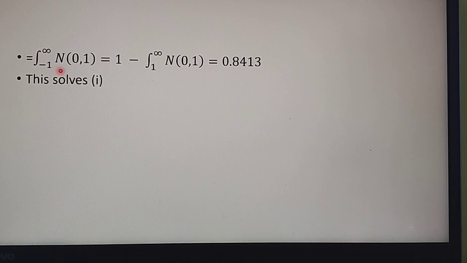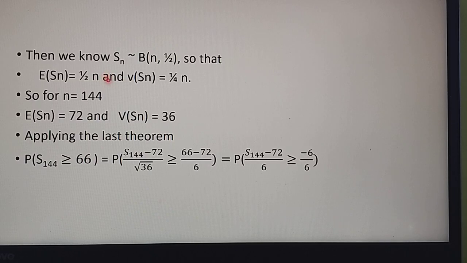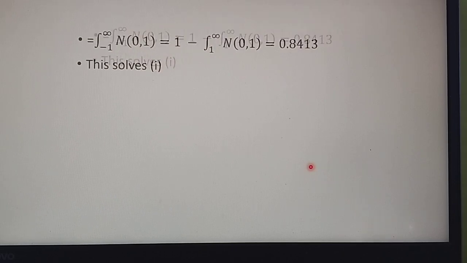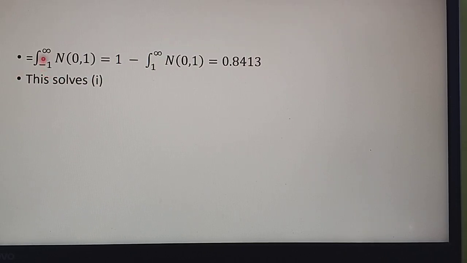Since it follows normal 0, 1, this is the probability that the variable is greater than or equal to minus 1. This is an abuse of notation; this should be x, but we simply write like this. This integral from minus 1 to infinity of normal 0, 1 means this is the probability here. You see, this is minus 1, and this is a random variable which follows the normal 0, 1 distribution. So the probability of this variable being greater than or equal to minus 1 is the integral from minus 1 to infinity of normal 0, 1.